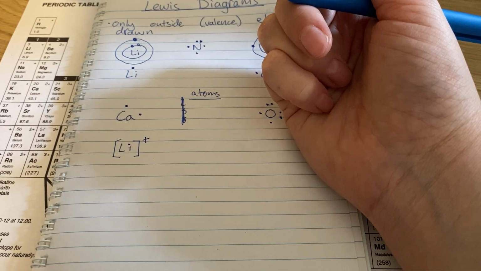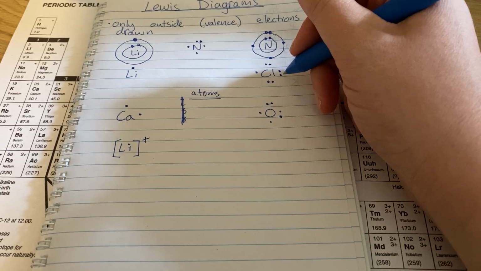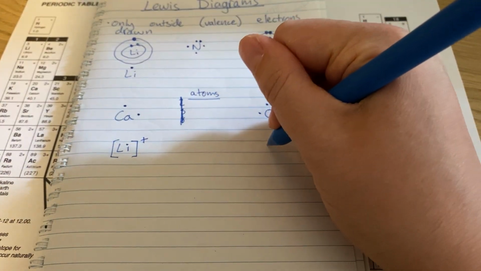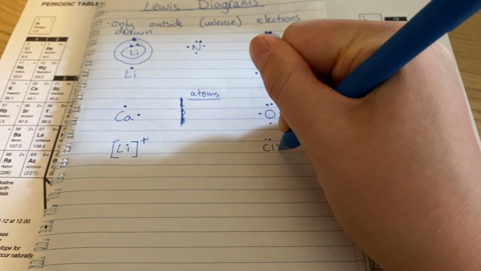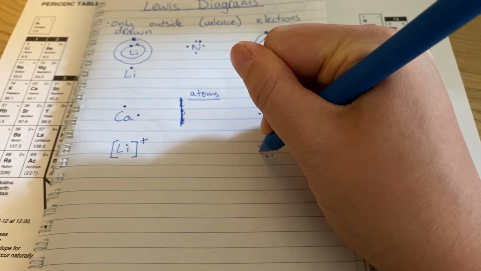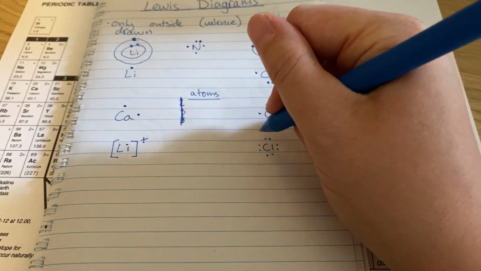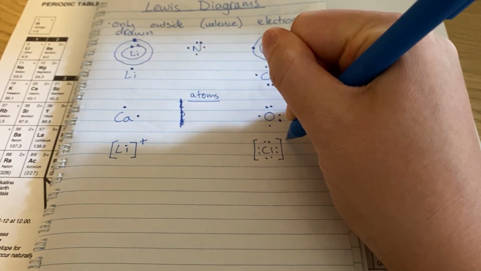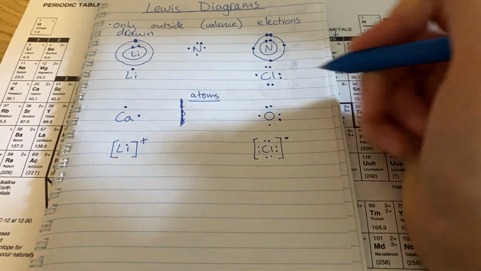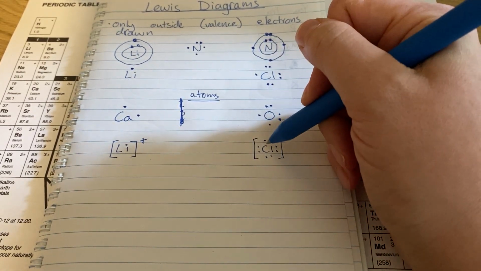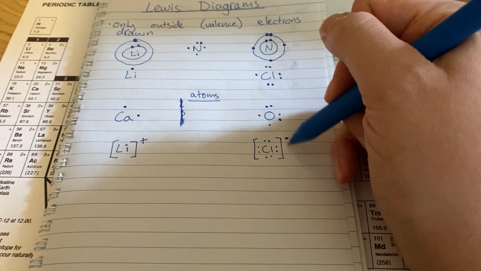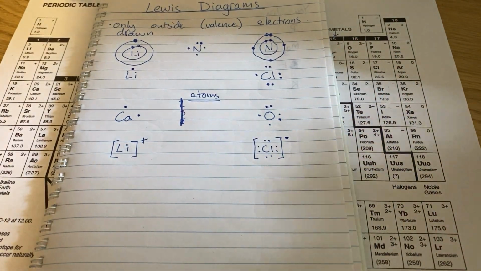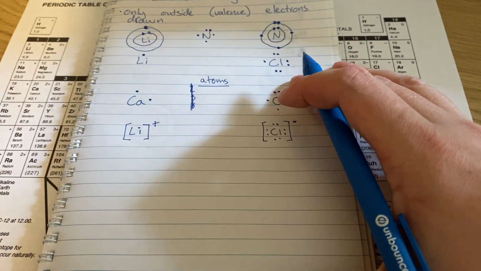No electrons required. Something like fluorine, where it's going to gain 1 electron, looks like this. Oh, sorry, I didn't do it in the right pattern that time. I knew it was going to be full, so I cheated. Don't do what I do unless you're very sure. So it gains an electron, and you put brackets around it and a minus to show that it gained 1 negative electron.